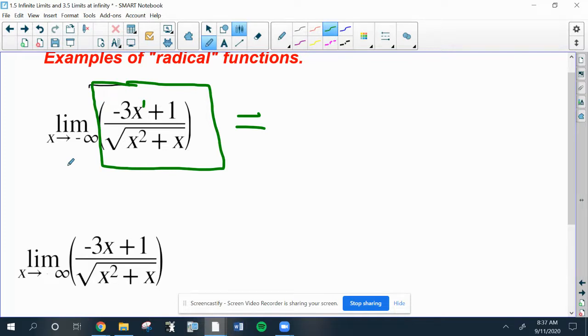In other words, the leading coefficient at the top is negative 3. The leading coefficient at the bottom is, now be careful here, the square root of 1, because that's still in the square root. Now, because you're approaching negative infinity, take the opposite of this number.